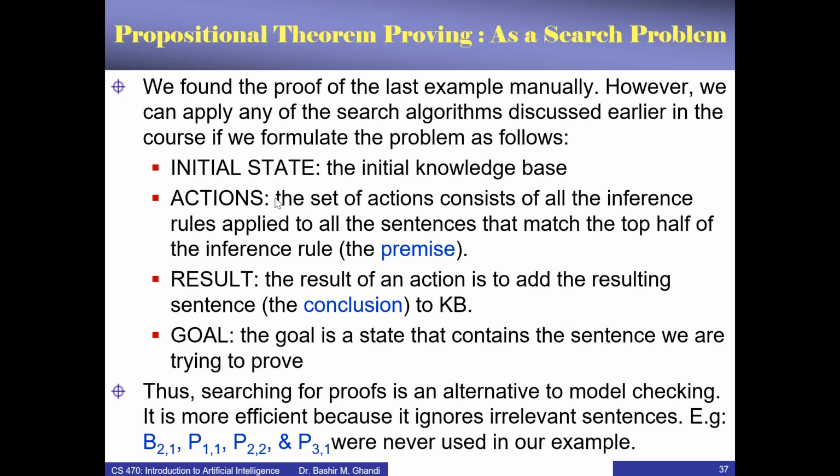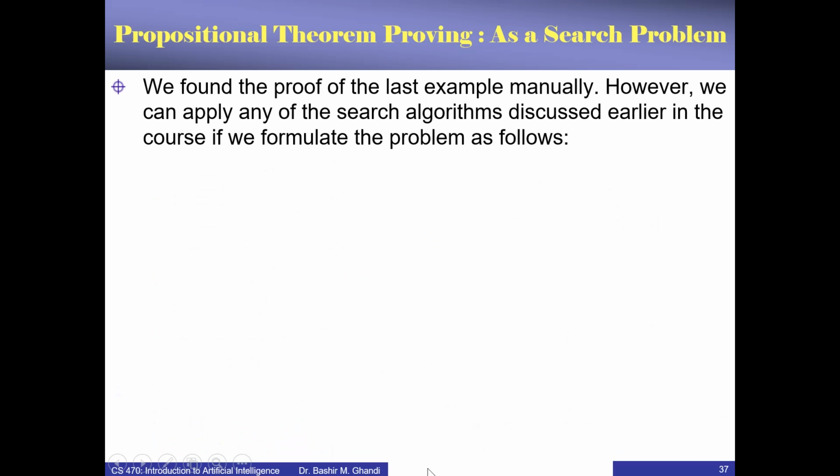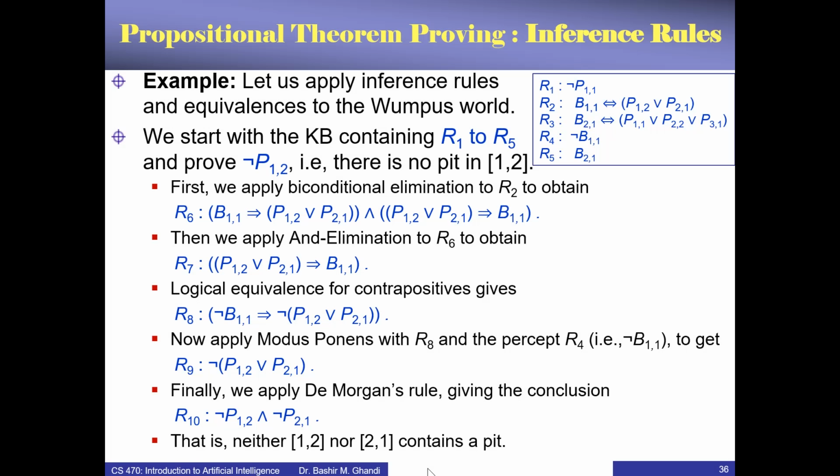Whether they are relevant to the query or not, they're going to be checked. But the searching approach will ignore those symbols that are irrelevant. For example, if you look at the last slide where we did it manually, there was no place where we used B21, P11, P22, and P31. If you check the last slide, there is no occurrence of any of those.